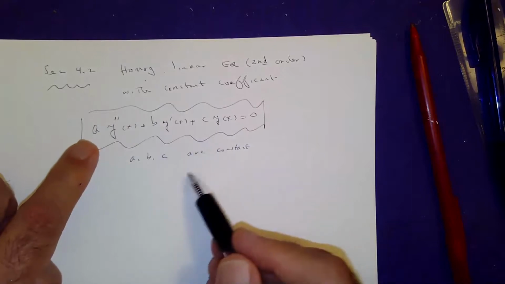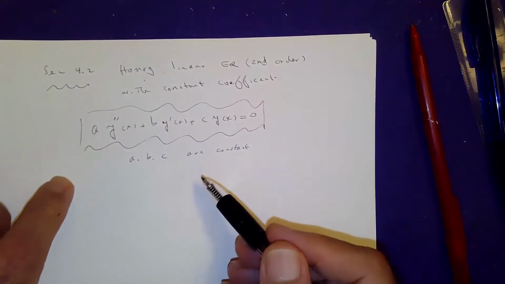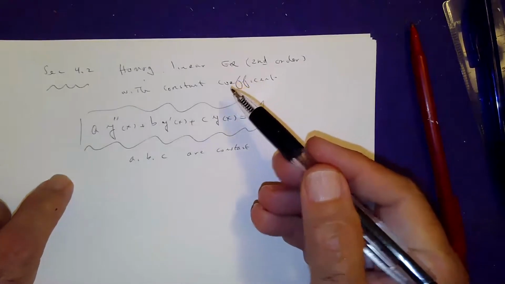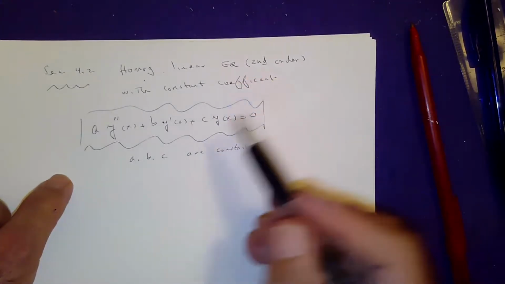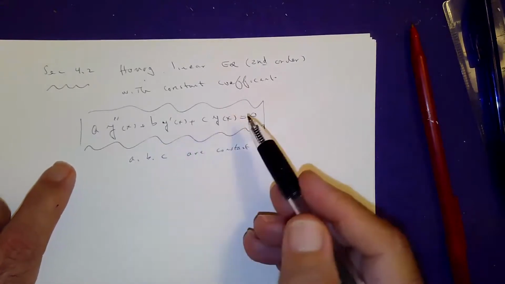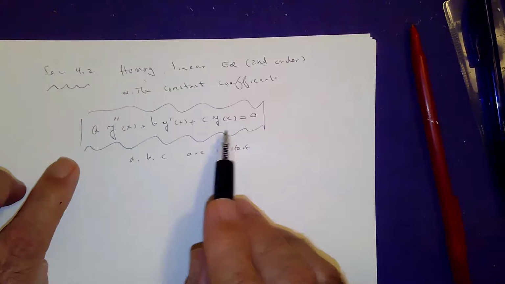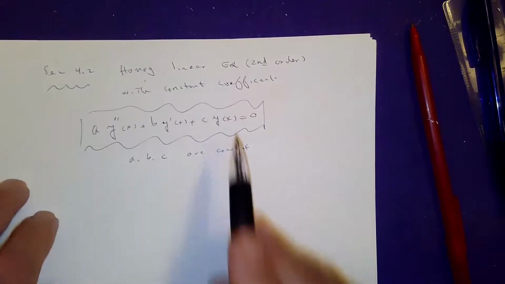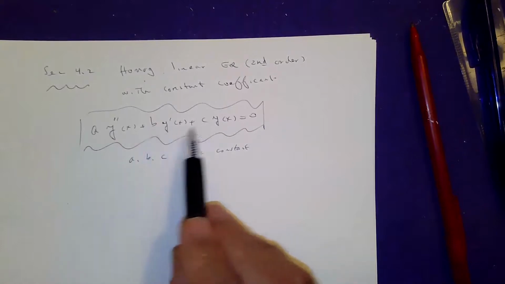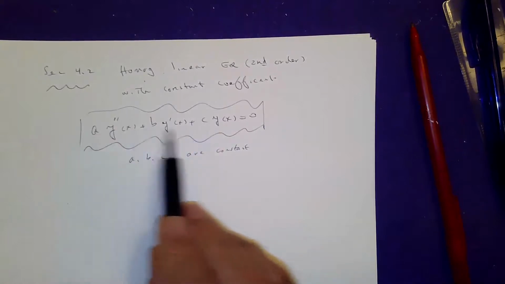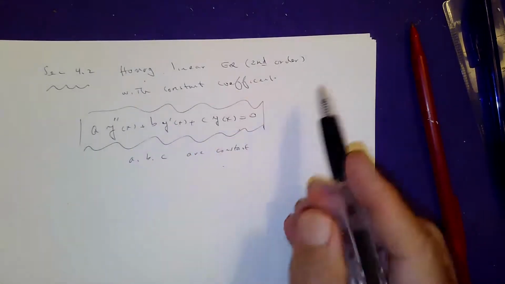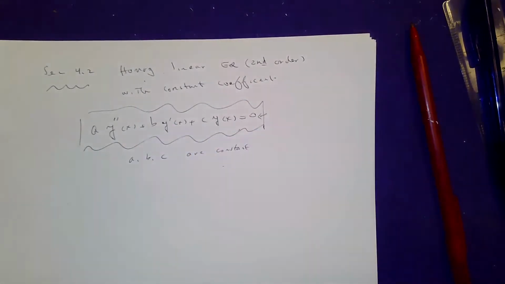None of them appear at the bottom of a fraction, or in the exponent of a function, or as the angle of any trig function. So this is honest to goodness linear. And the coefficients attached to these derivatives and the function are constant. And it's homogeneous because you have a zero on the right side.